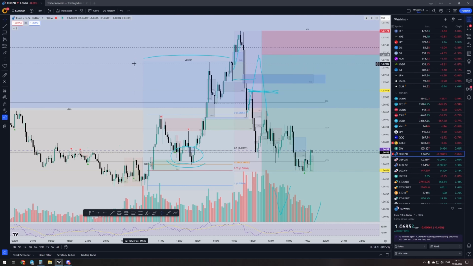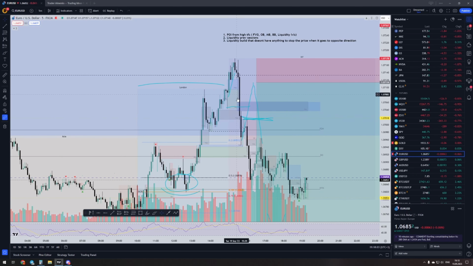This is what most people don't understand. They see order block and they think it will play some role. No, price doesn't care about these fair value gaps, and they will be slaughtered.